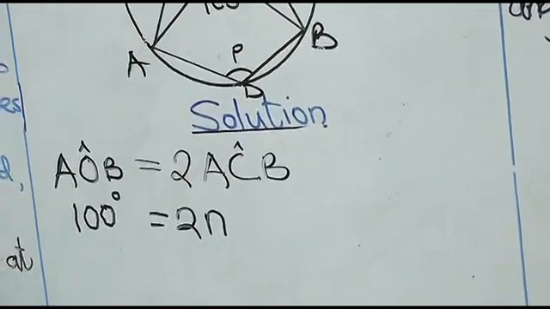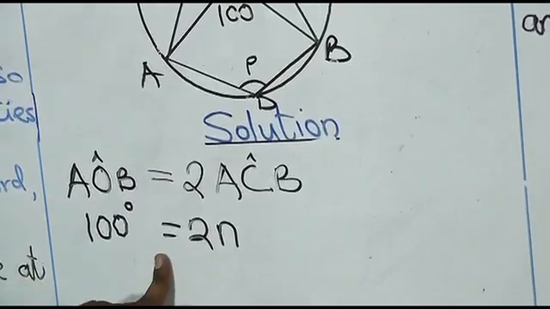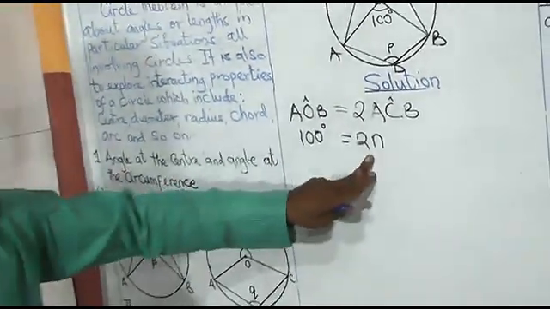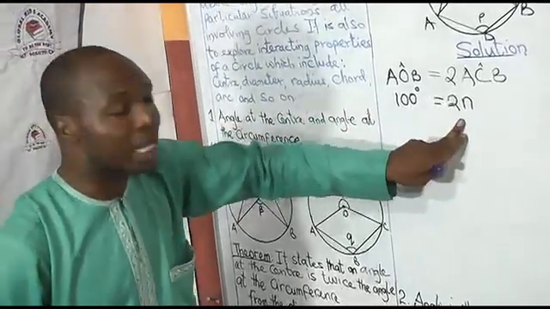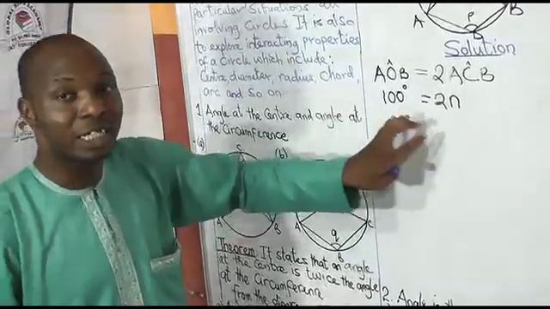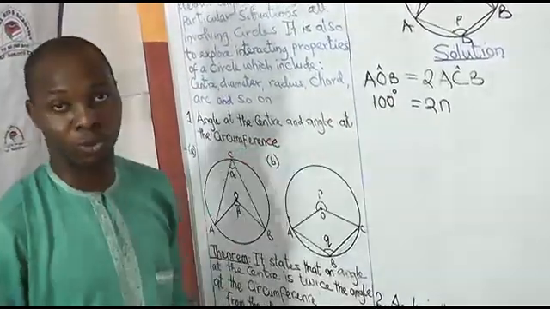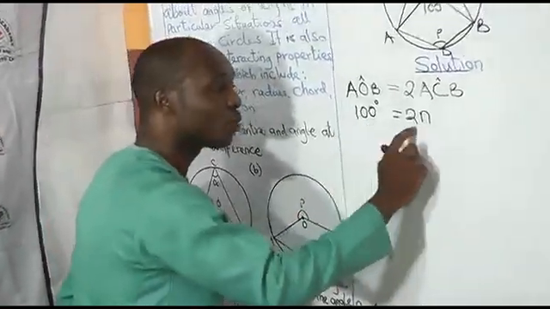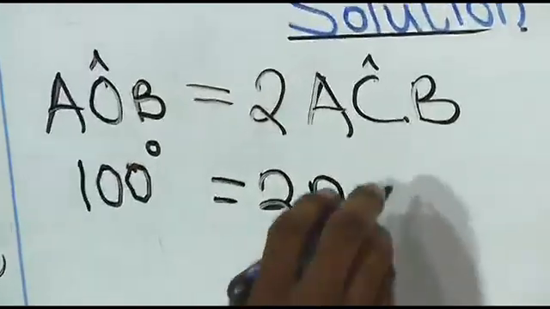Now, when you have something like this in circle theorem, showing your working is not complete until you state the reason. Circle theorem deals with the reason why your result is so. So we have to state the reason why we have 100 is equal to 2n.